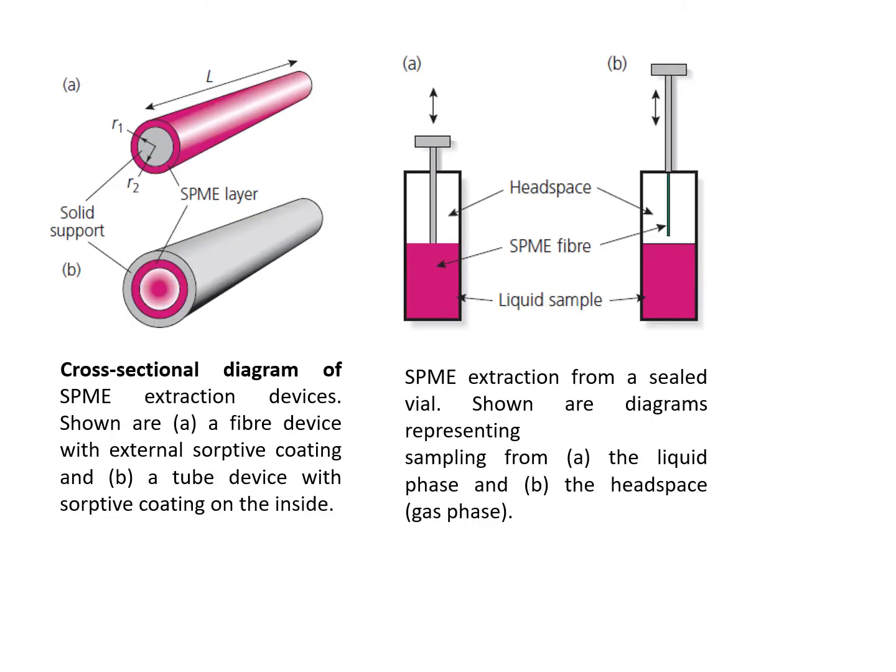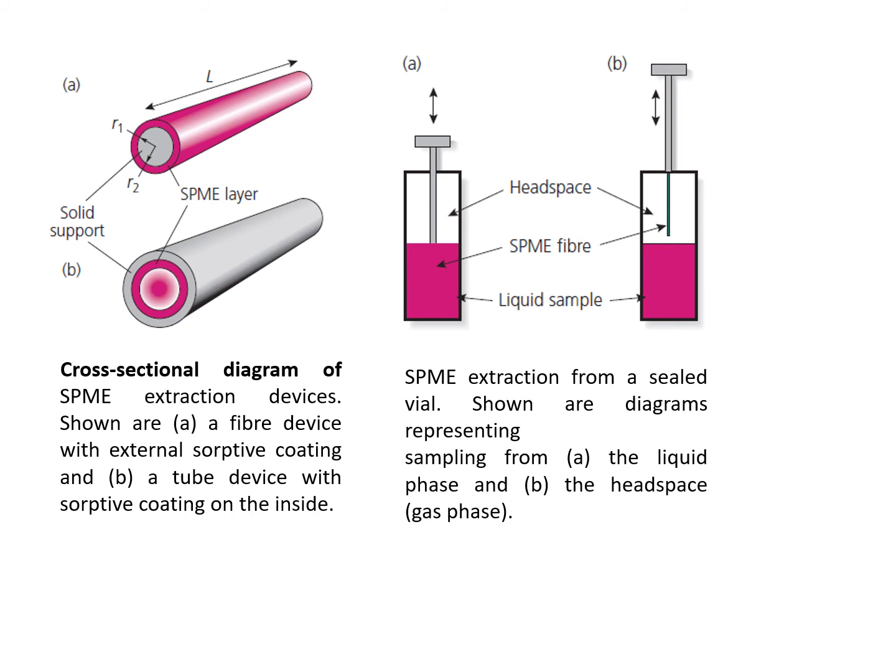Now class, these are examples of the SPME extraction device. A is the fiber device with an external soft coating, and B is the tube device with the soft coating inside.